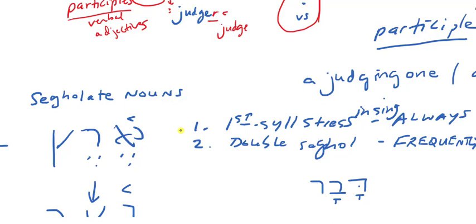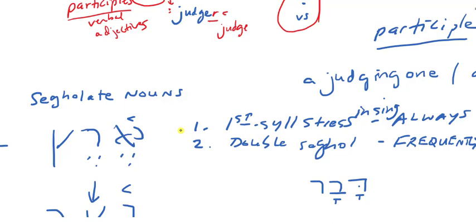So, what do we have here? We have a Segholate noun. Notice I've got first syllable stress, derech, and I have the double Segol pattern. You've also met the word kesef, haven't you? Kesef is the word for silver or money. Notice it's got first syllable stress. Kesef. And it's got the double Segol.